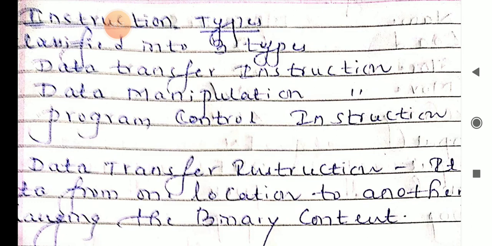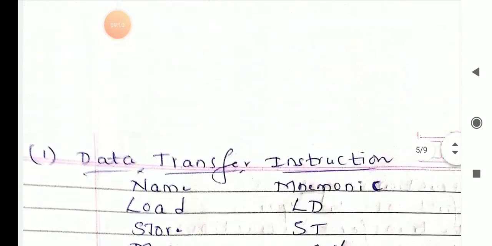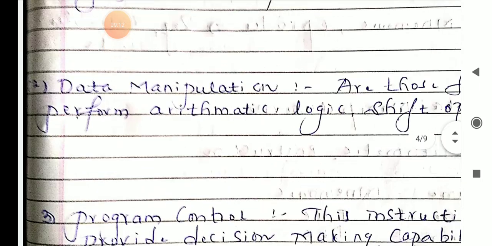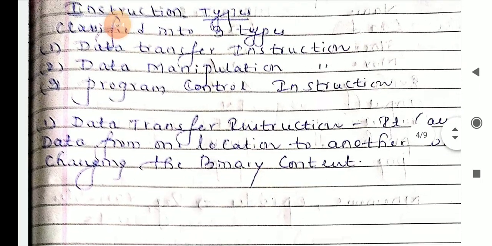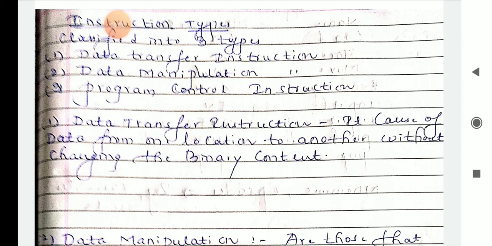First one, data transfer instruction. Second one, data manipulation instruction. And third one, program control instruction. First we will learn what the data transfer instruction is. Data transfer instruction transfers the data from one device to another device.